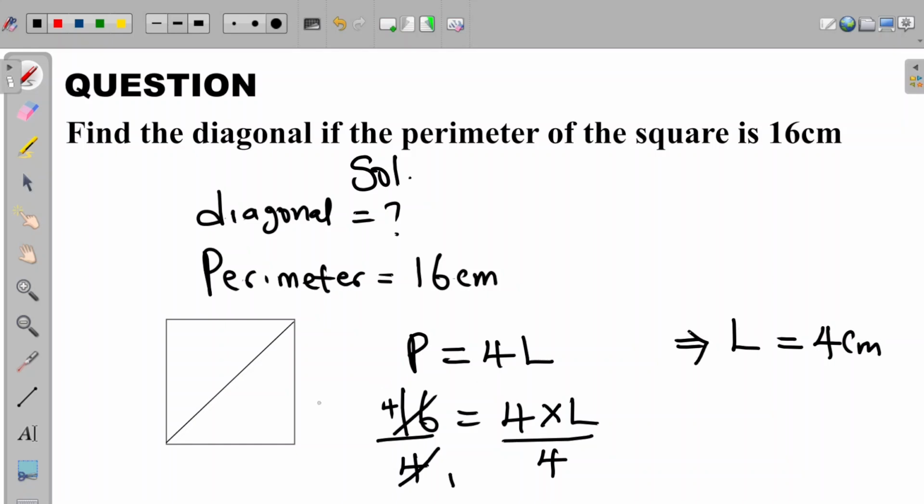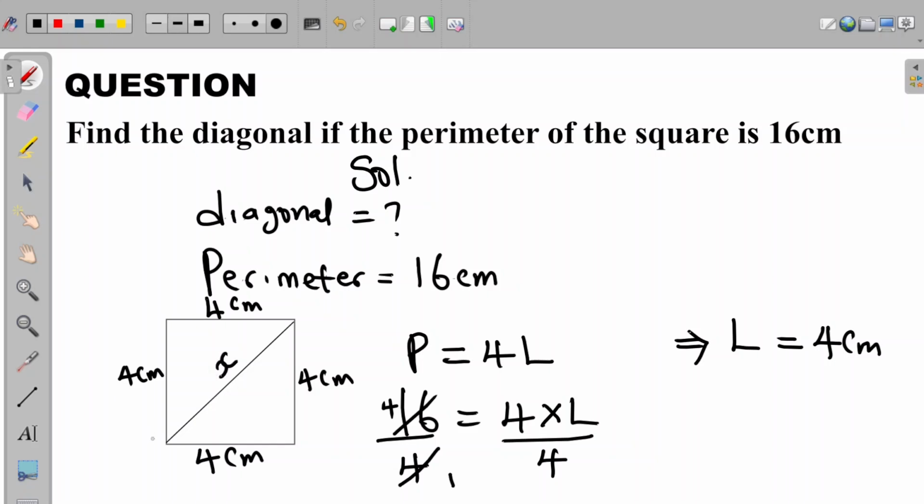So the length here is 4 cm, and the length here is 4 cm. Also, the length here is 4 cm, and here also is 4 cm, because the sides of a square are equal. Now we said to obtain the diagonal. So let the diagonal here be equal to x.